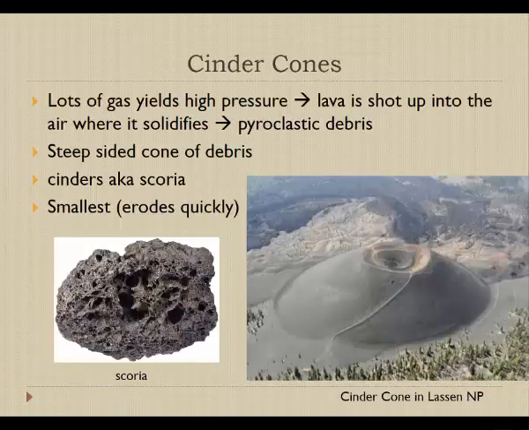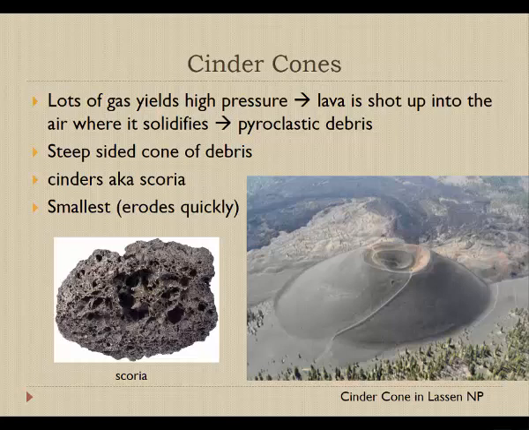Okay, the second kind of mountainous structure that can be created by volcanic activity is something called a cinder cone. Cinder cones are created when the lava that comes up to the surface is associated with really high amounts of gas. There are usually always gases dissolved in the rock below the surface, but these are associated with pretty high concentrations of gas and pretty high pressures as well.